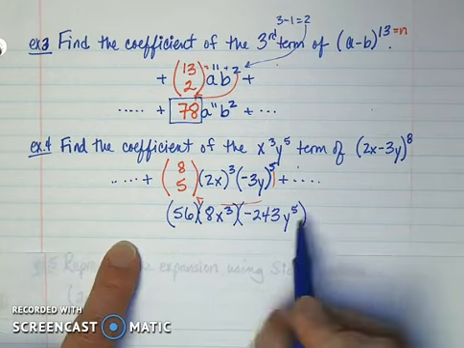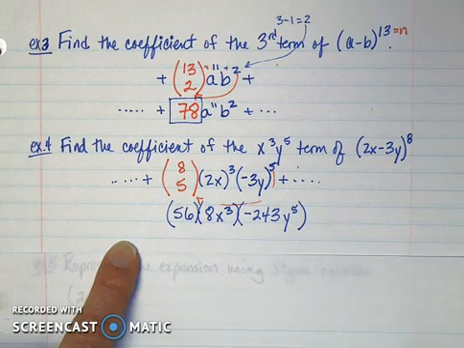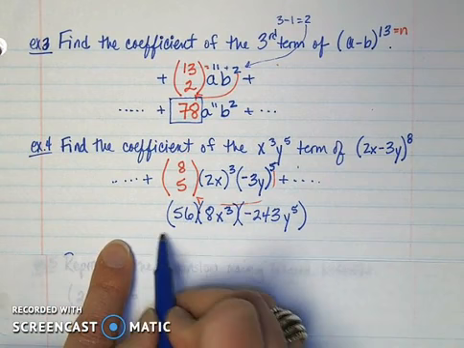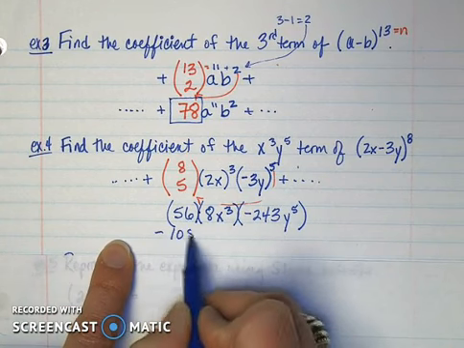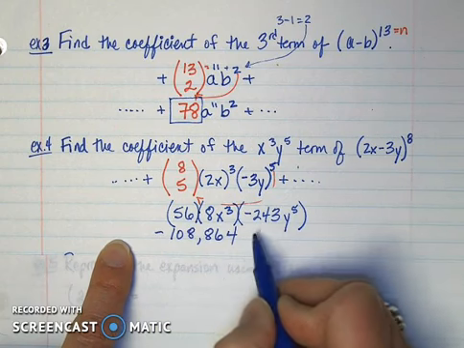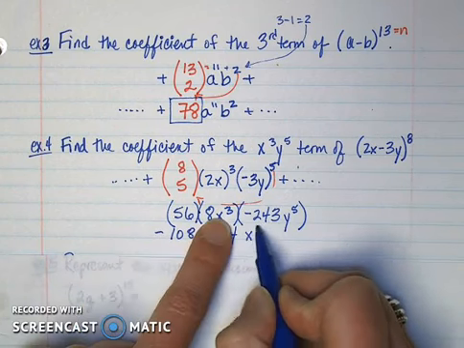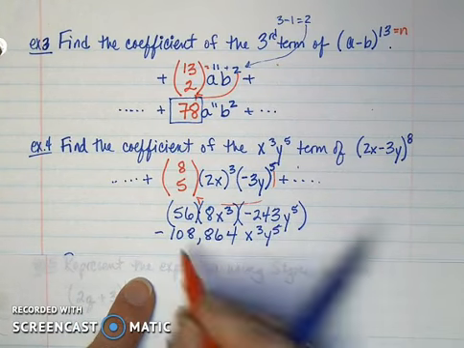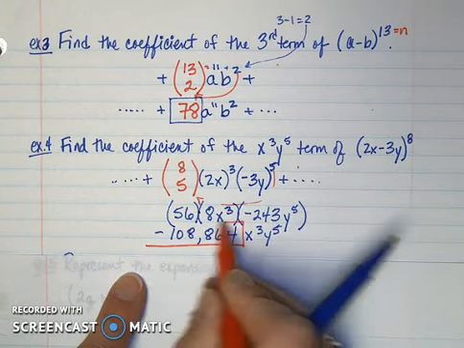Now I need to multiply 56 times 8 times negative 243, and I get negative 108,864, and then I have still my x cubed and my y to the 5th. But it didn't care about that, right? All I want is this coefficient.